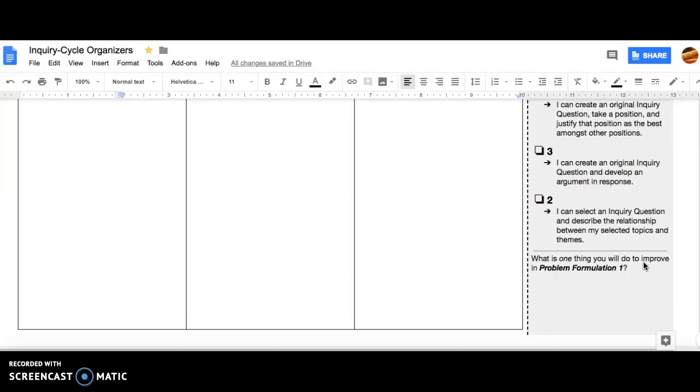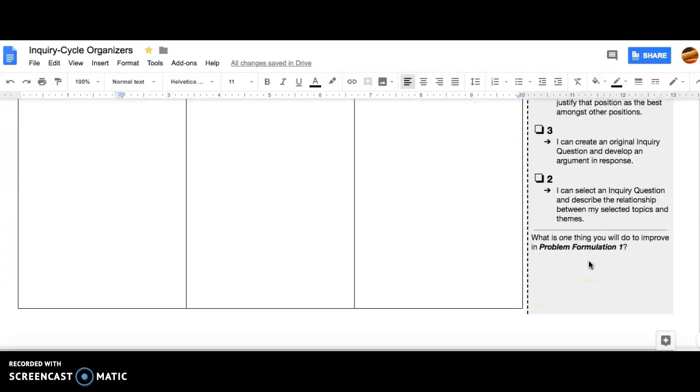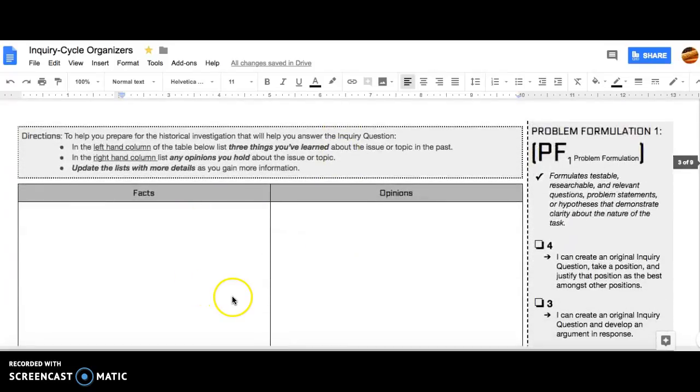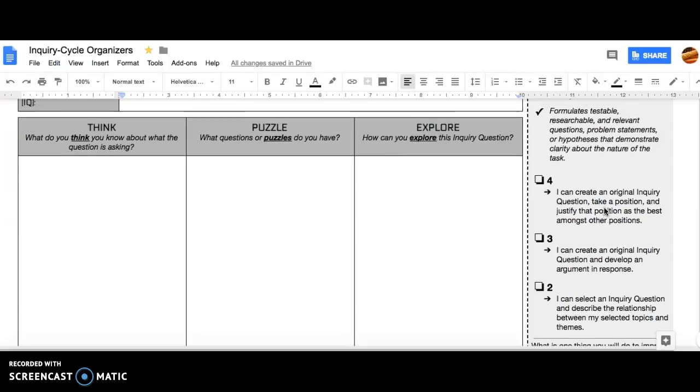All right. So after you've determined where you fall, whether you're a 2 in problem formulation or a 3 or a 4, you then jot down one thing that you will do to improve in problem formulation 1. How can you better be able to do what was described in these 2 organizers? You might seek out peers that already have demonstrated their ability to do this better.